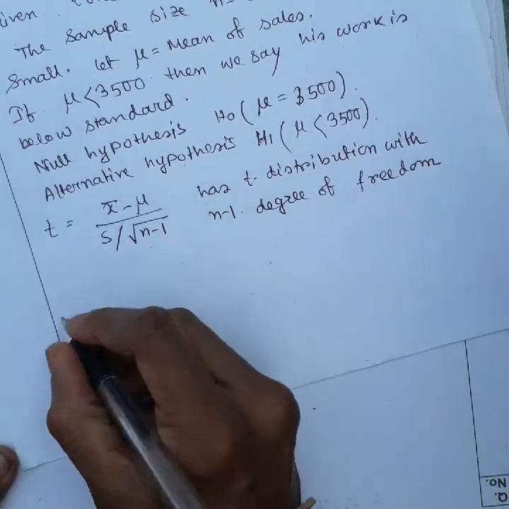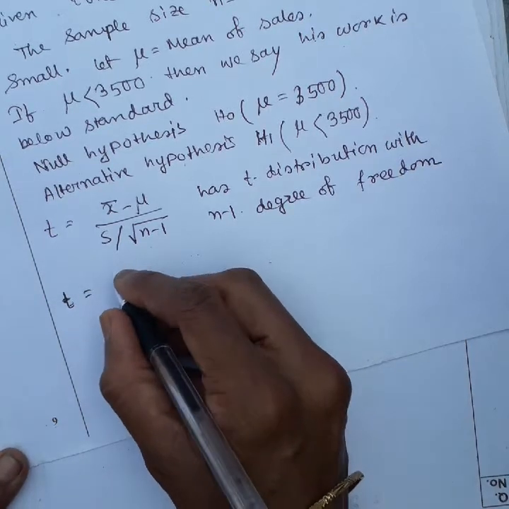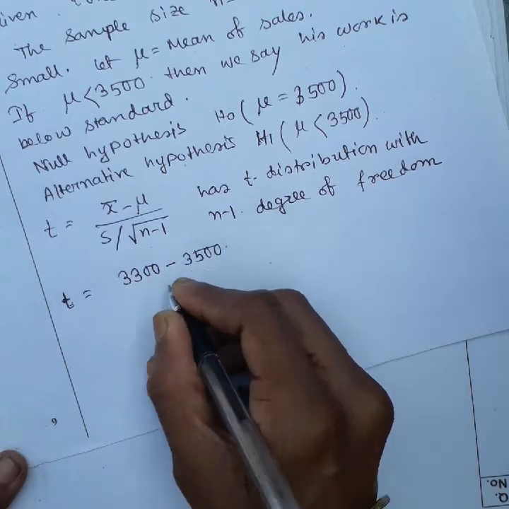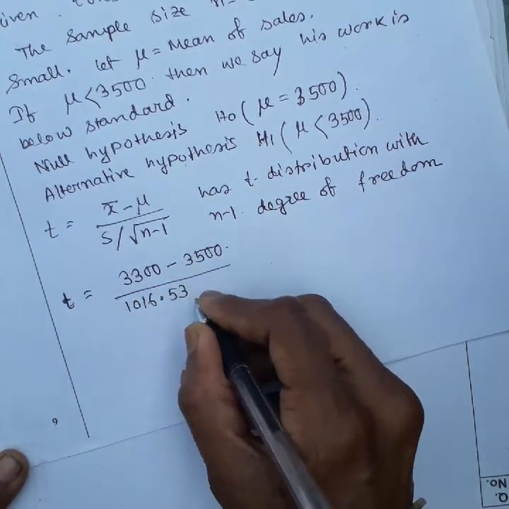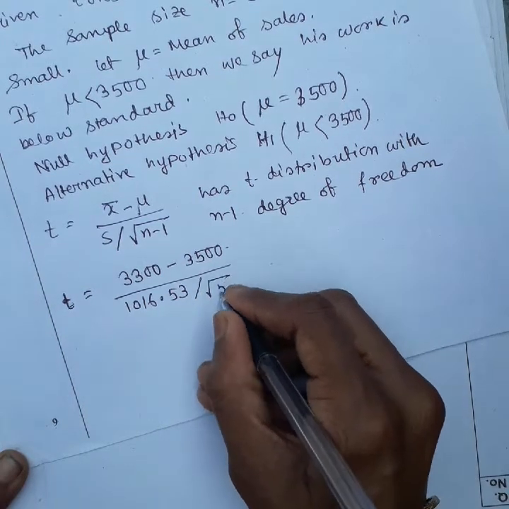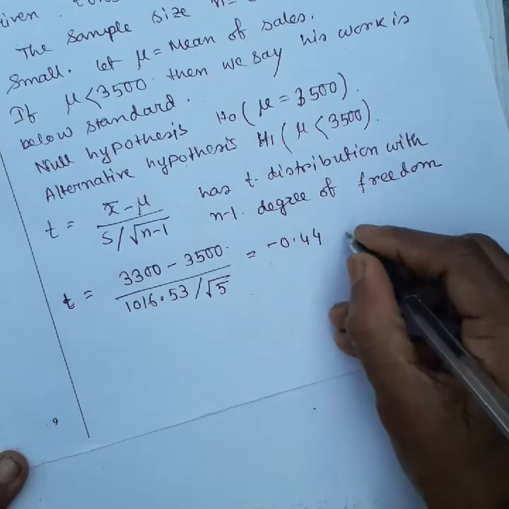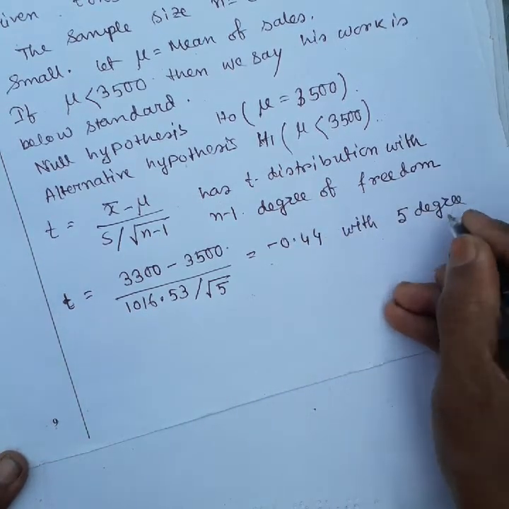Here the computed value t is equal to 3300 minus 3500 by 1016.53 by root over 5, that is equal to minus 0.44 with 5 degrees of freedom.